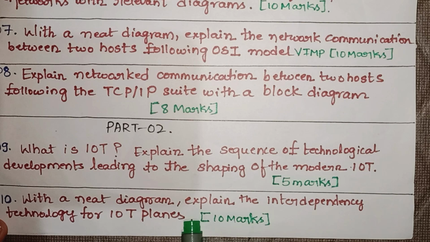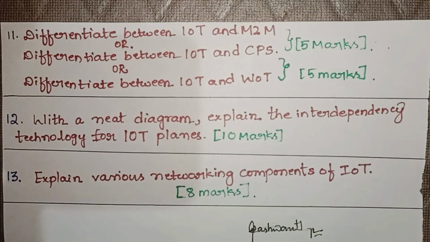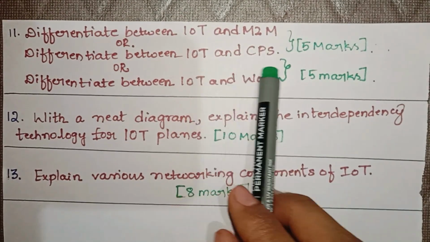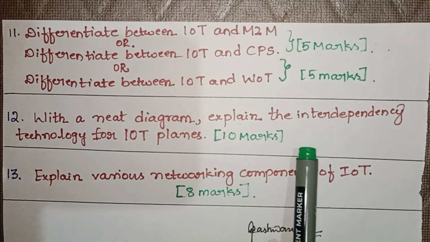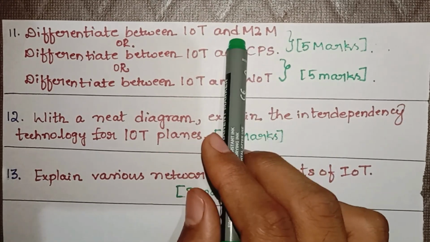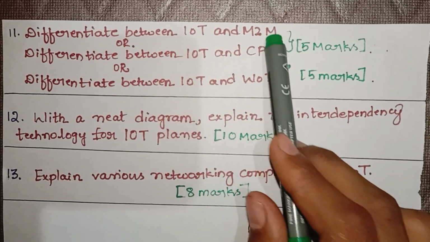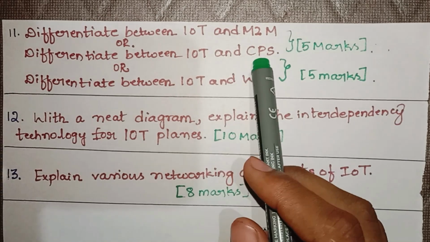You have to answer these points in your answer script. And the next question is, differentiate between IoT and M2M, IoT and CPS, and IoT and WoT. If they ask this difference, you should write this difference and answer. Here there are only three differences, and you can explain what they have asked in your question.